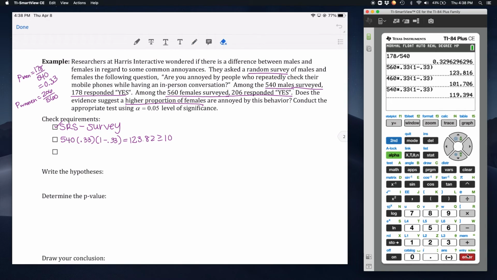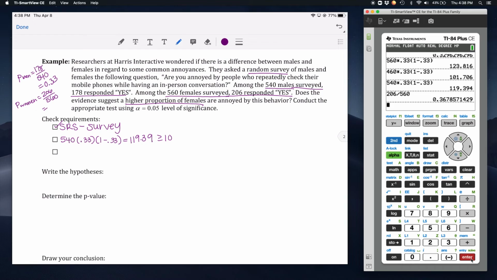Okay, sorry, slightly different number, but still way bigger than 10. We get 119.39. Okay, now for women, 206 divided by 560. And we get 0.37. So 560 times 0.37 times 1 minus 0.37.